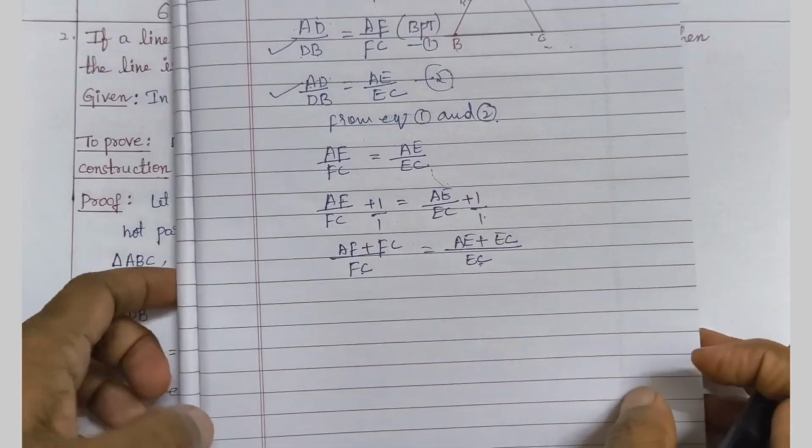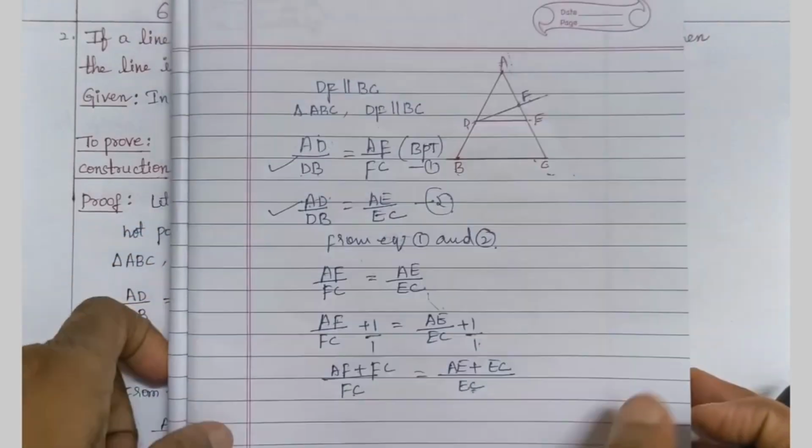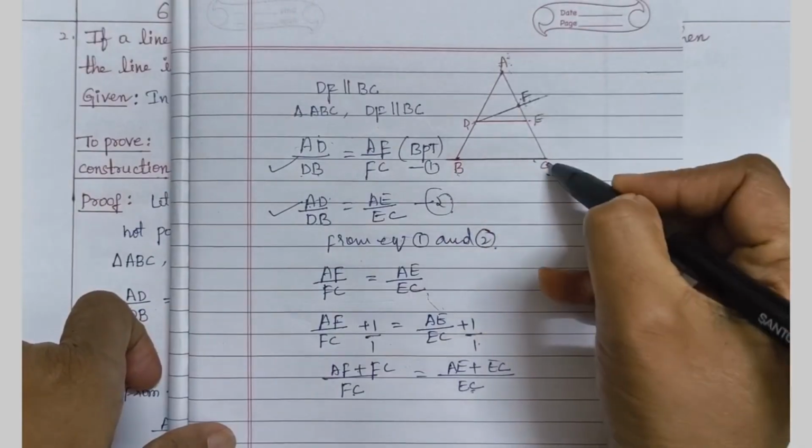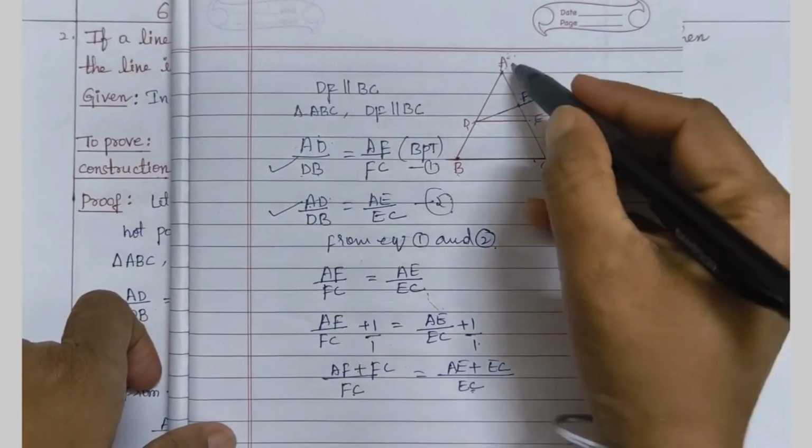Now see here, AF plus FC. AF plus FC means AC.